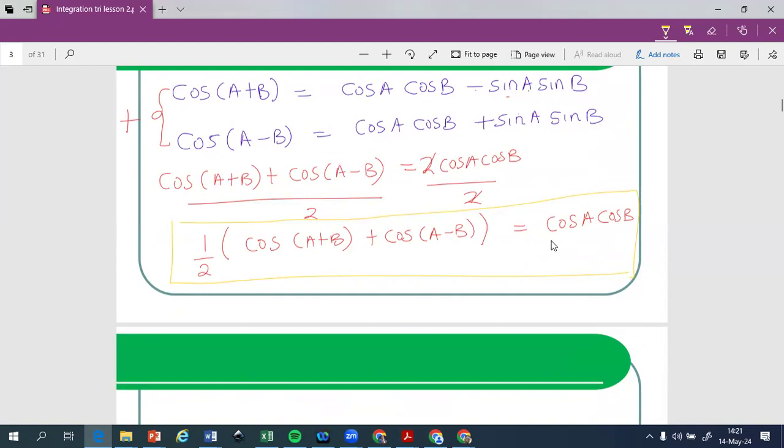We are subtracting the two. Everyone, you should be able to try. The first one we added. The second one, I want you to subtract.